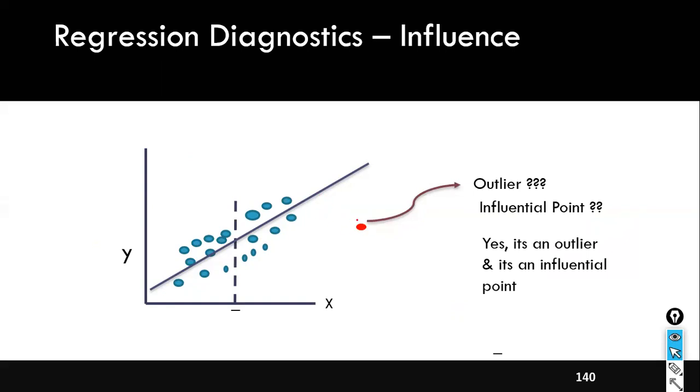Obviously, this line will get influenced. To take care of this value also, the best fit line will have to be drawn somewhere here. So because of one value, the linear regression algorithm is sensitive to outliers, but not in all situations are the outliers influential. That is what we are going to conclude from this.